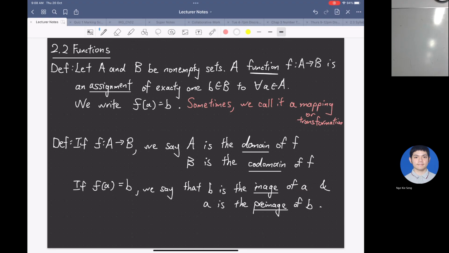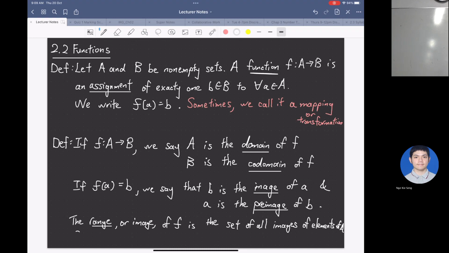And the range, also the image of f, is the set of all images of elements.